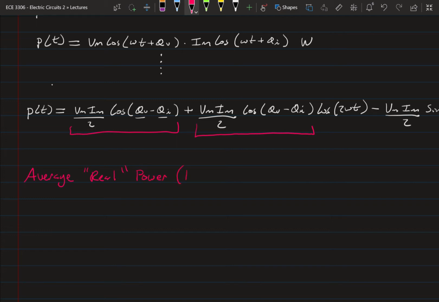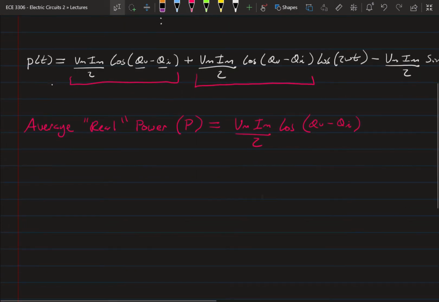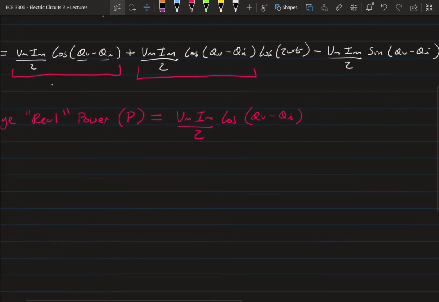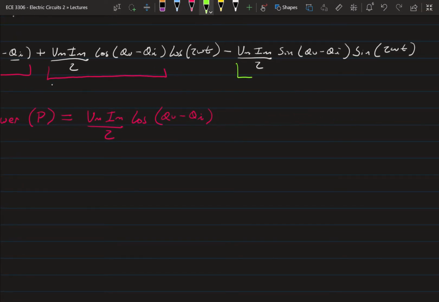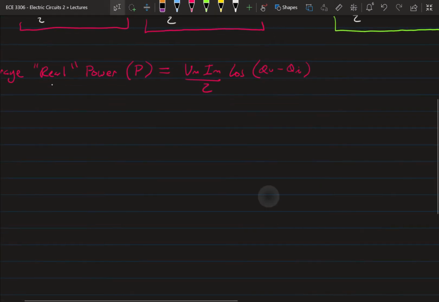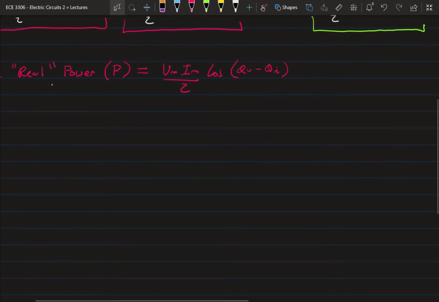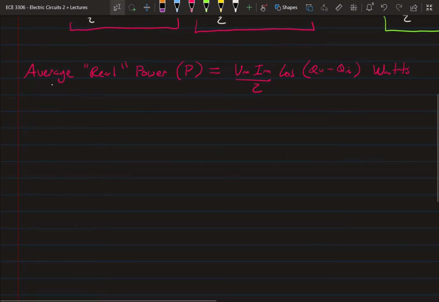We denote it with a big capital P: Vm times Im over 2 times the cosine of theta v minus theta I. We need to make a note that average power is given in watts. That'll matter in just a second.